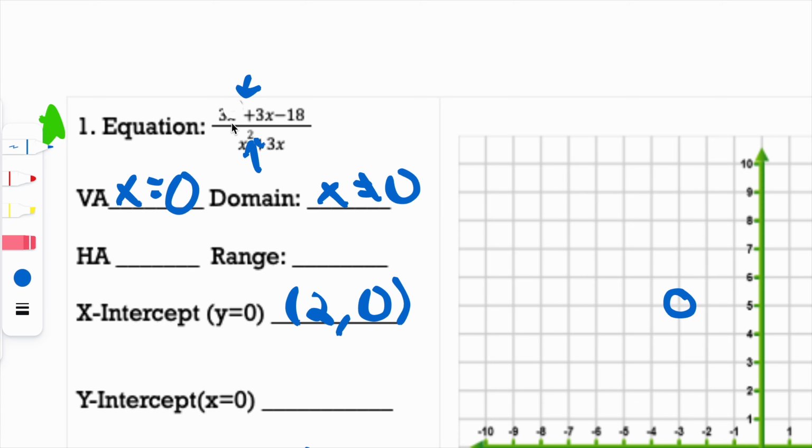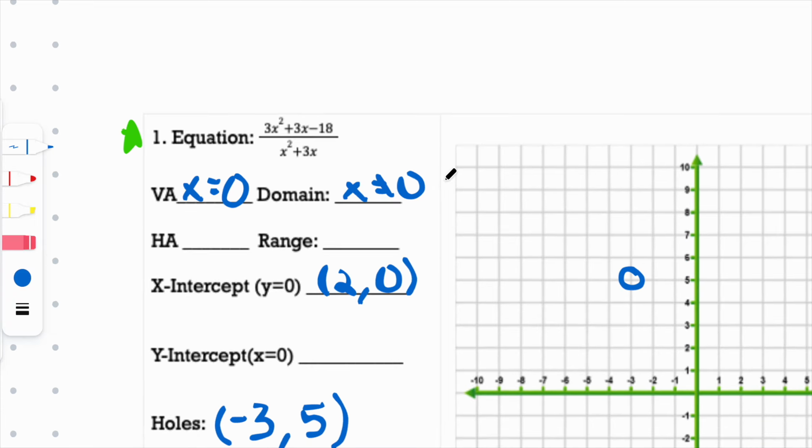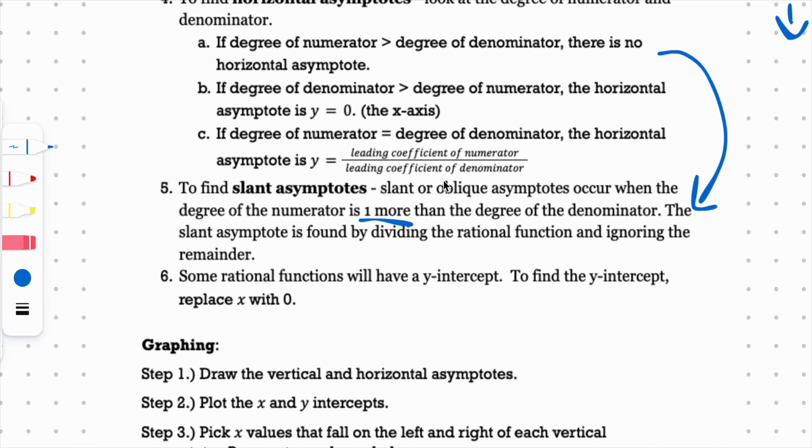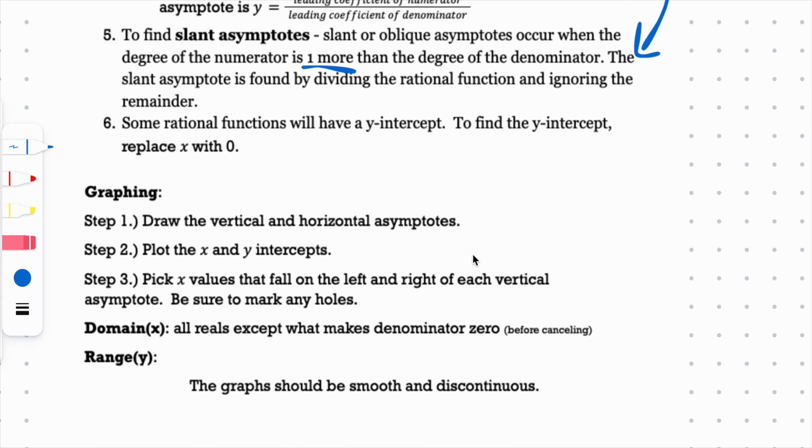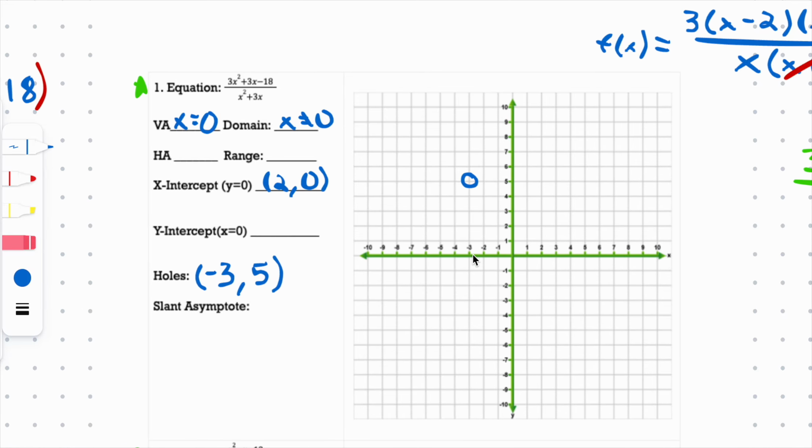So we have the same degree on the numerator and the denominator. So we want to scroll back up and see what we want to do in that case. Well, that's going to be case 3, or case C, where we take the leading coefficient of the numerator and divide that by the leading coefficient of the denominator. And that's going to be our horizontal asymptote.